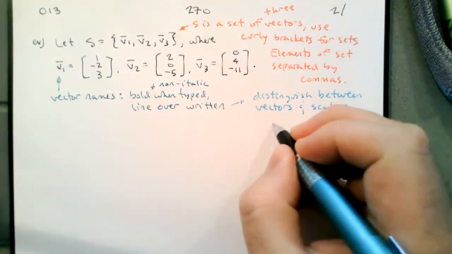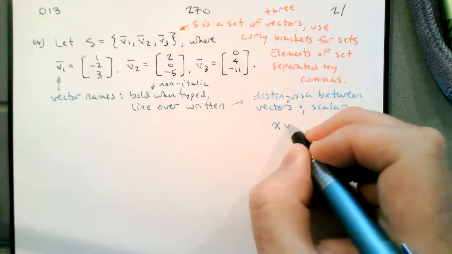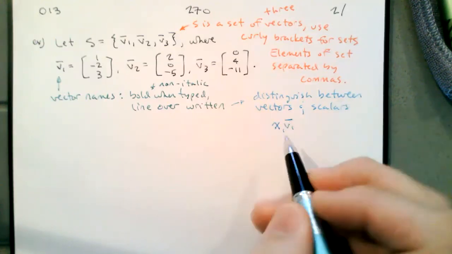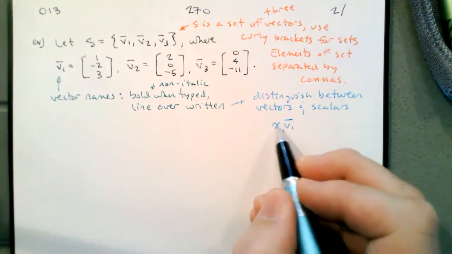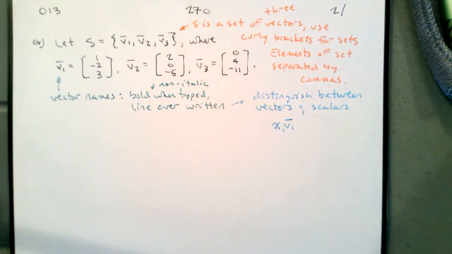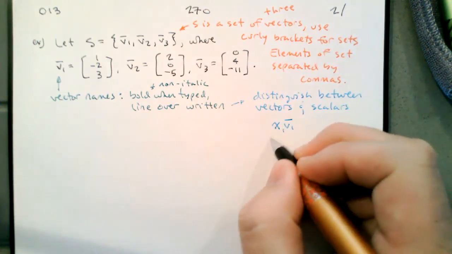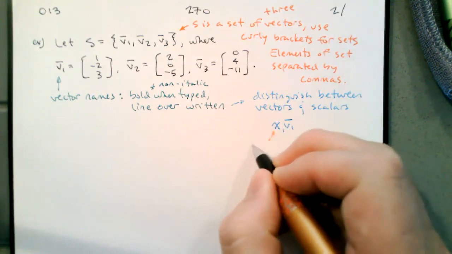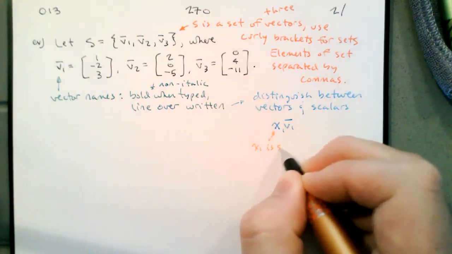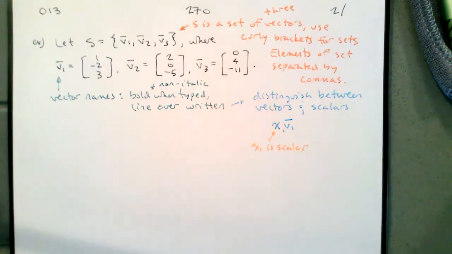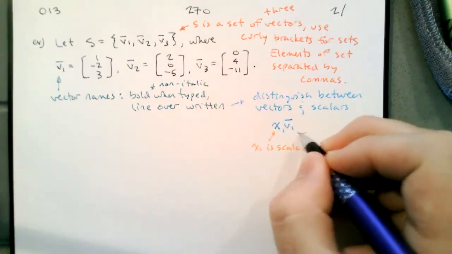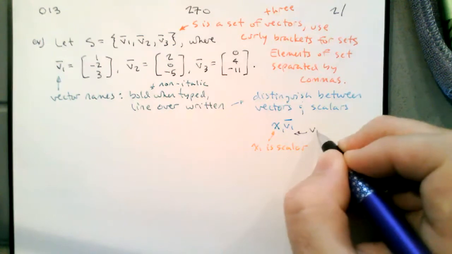So I'll have something that says like x1, v1. X is going to be italicized and no line over it, so that x is a scalar. And v1 is a vector. So in this case, x1 is a scalar, and v1 is a vector. So that's why we want to write them differently, so we can tell them apart.